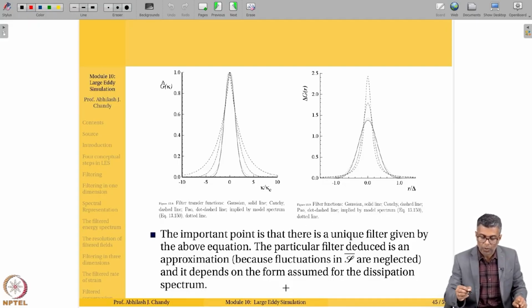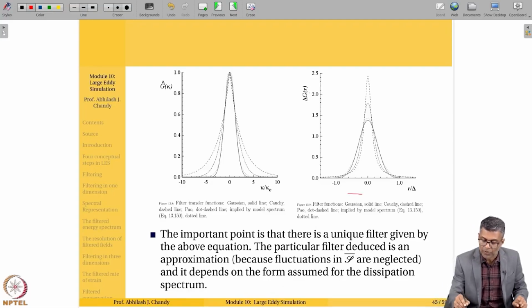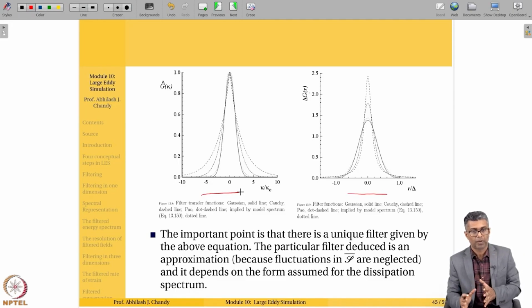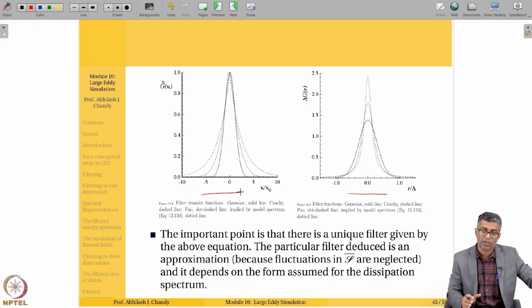So what I have here is delta G of R. This is in physical space, this is in spectral space. So it's the same thing. We have here the G hat of kappa derived from the actual spectrum and from the filtered spectrum. Again, this is not from experimental data, this is just taking the model spectrum.